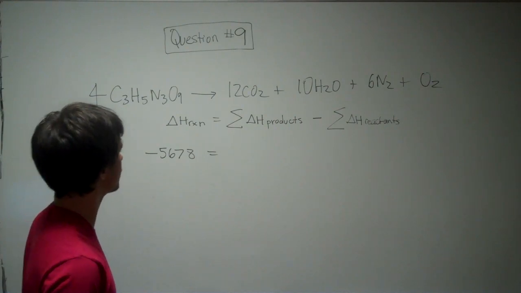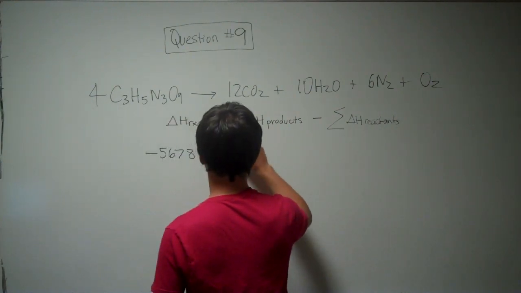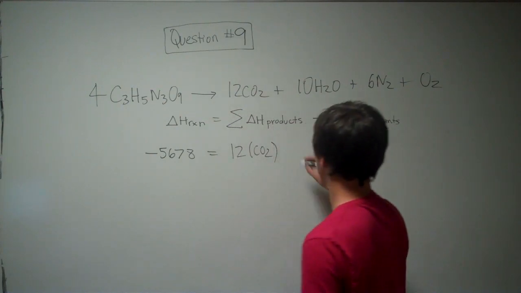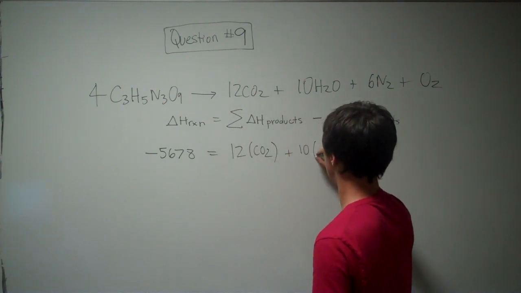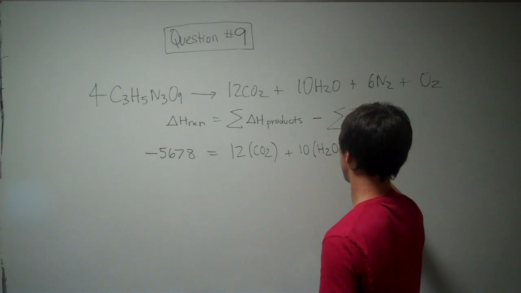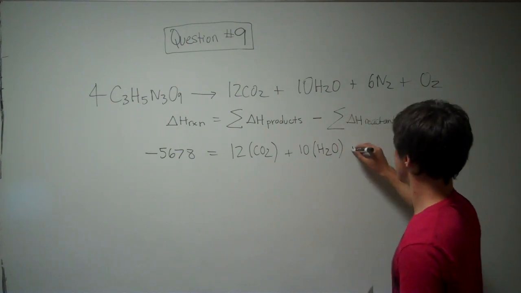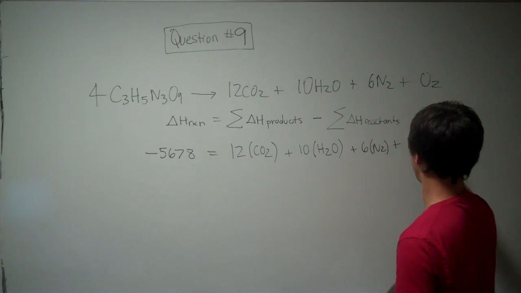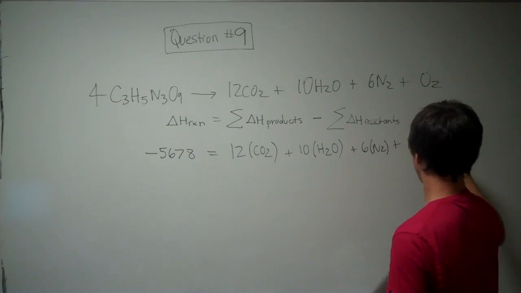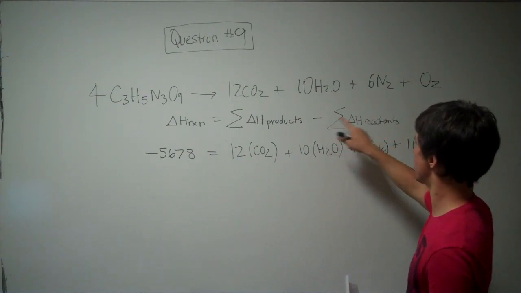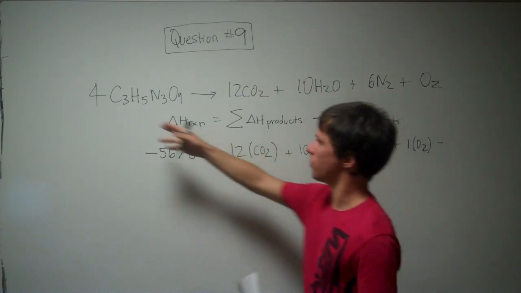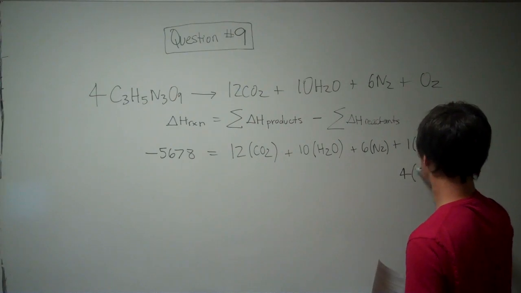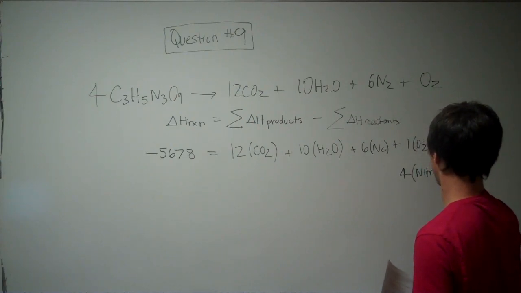So the products, we have 12 CO2, plus 10 waters, plus 6 nitrogen, plus 1 oxygen, minus, because it's minus the sum of the reactants, so this is the only reactant, so minus 4 nitroglycerin.